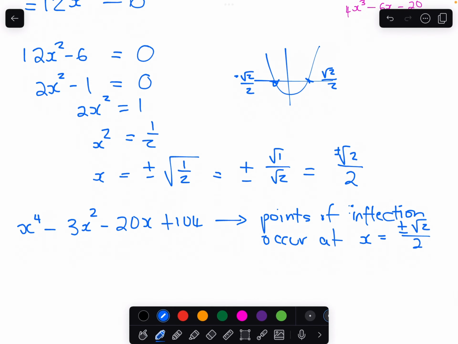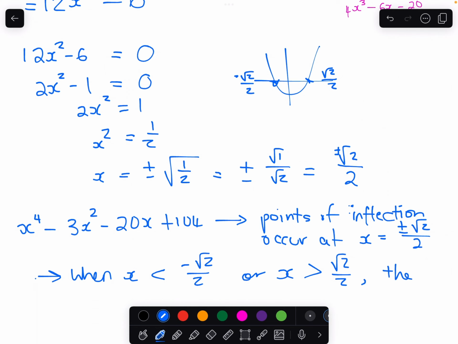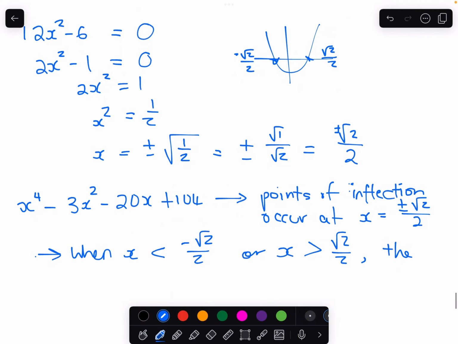And then we know that when x is smaller than negative root 2 over 2, or x is greater than root 2 over 2, the graph is concave up, because for those x values, the second derivative is yielding positive values, okay?